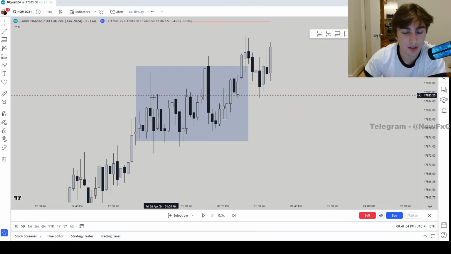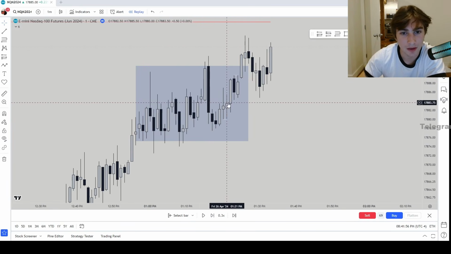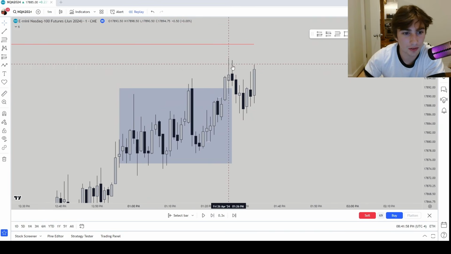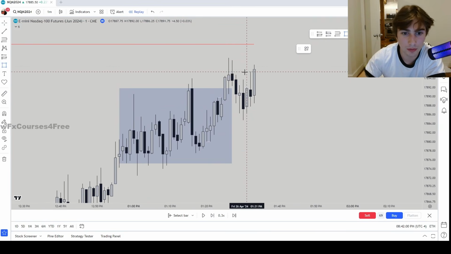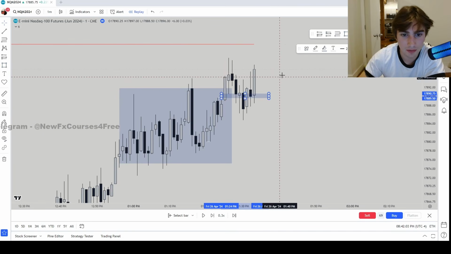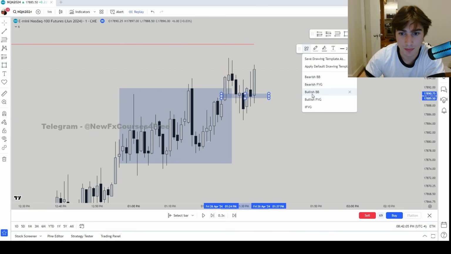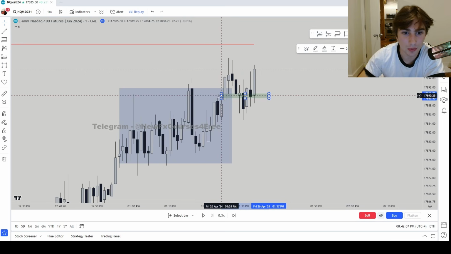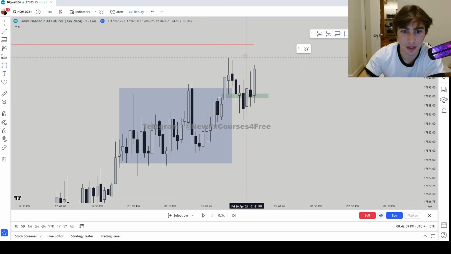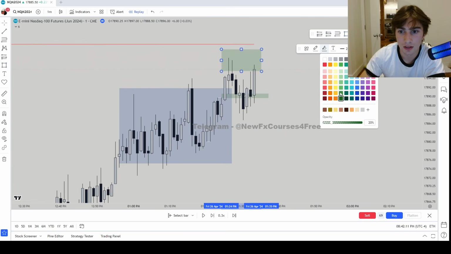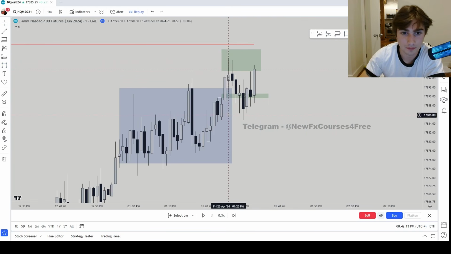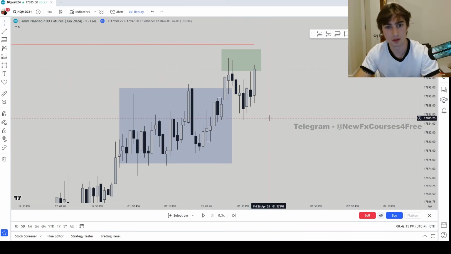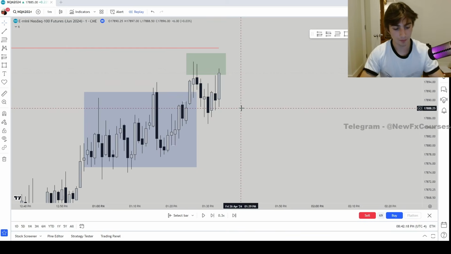We see ourselves get stuck trading within this range. Eventually, we do get a more convincing manipulation move because we have this bullish fair value gap right here. We create a fair value gap in the process of manipulating up. Up here is going to be our manipulation. Right here is going to be our manipulation.